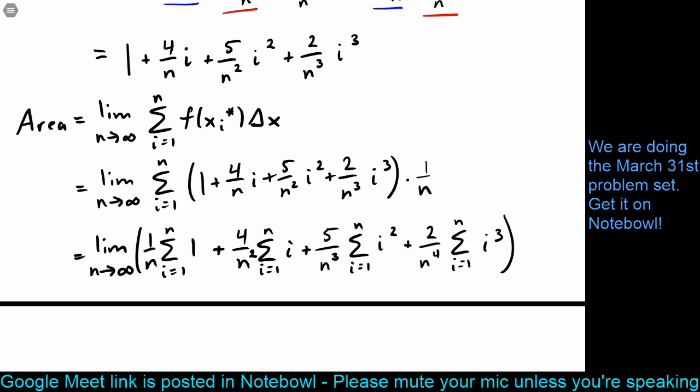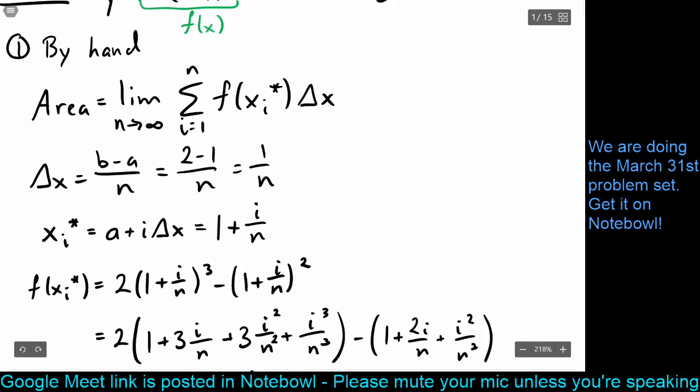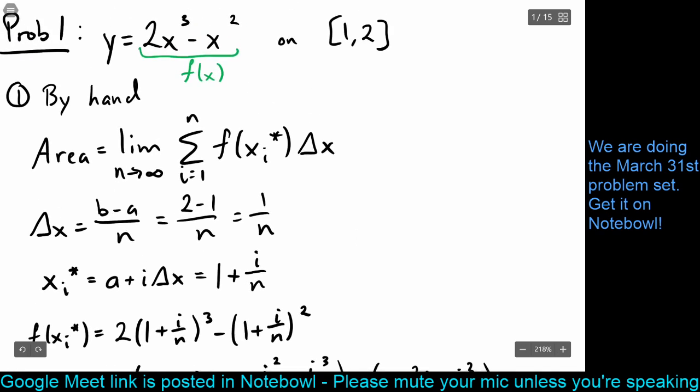How did we calculate the change in x? So change in x, delta x here, this is b minus a over n. The interval here is always a to b. So when we compute delta x, we're just doing b minus a over n, so it's the end of the interval minus the start.